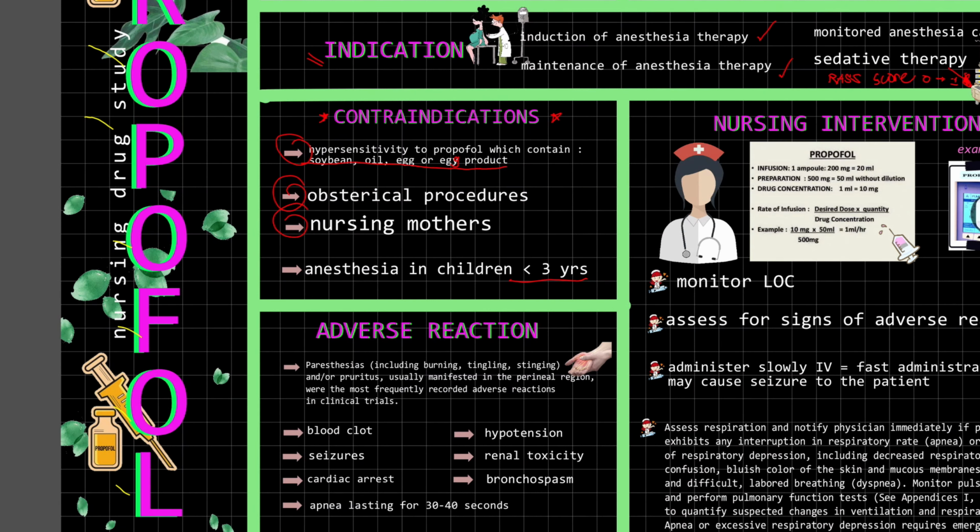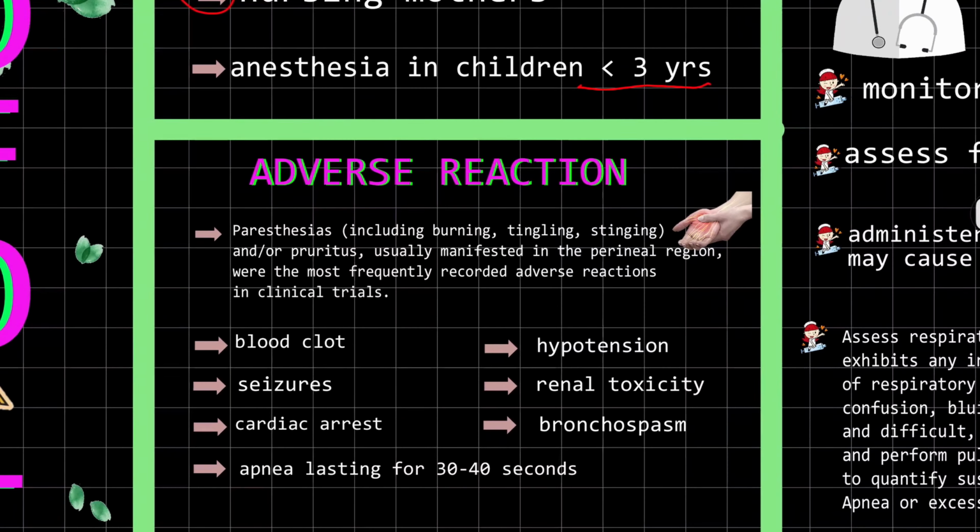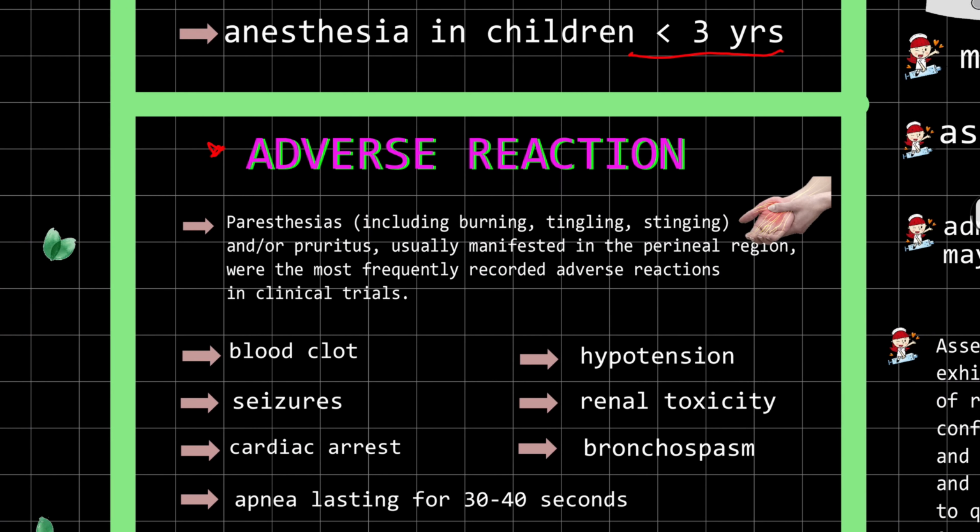You are amazing. All right, so we're going to proceed with your adverse reaction. So adverse reaction is different from side effects. I kind of discussed that to you. Again, adverse reaction is the reaction or the signs and symptoms that will tell you that this patient is having an unexpected or negative response to the medication.